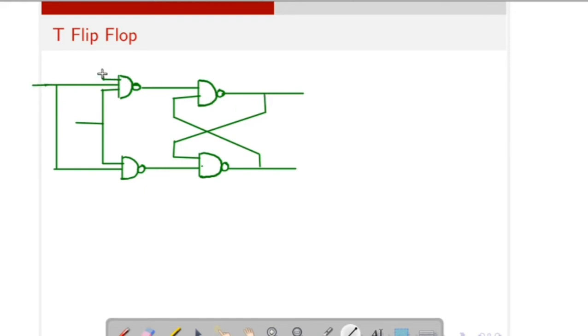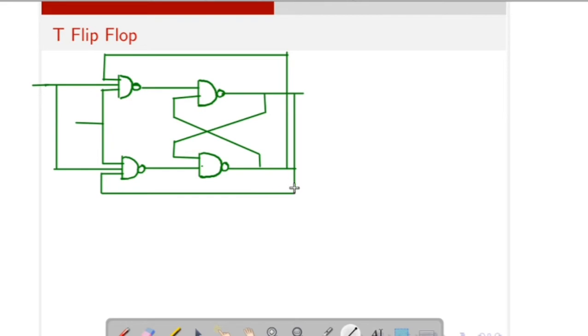Then here one more input, that is the feedback from Q and Q bar, right? Okay, so this is the circuit of the T flip-flop. T is the input and Q and Q bar are the output. Okay, then this is the clock signal.